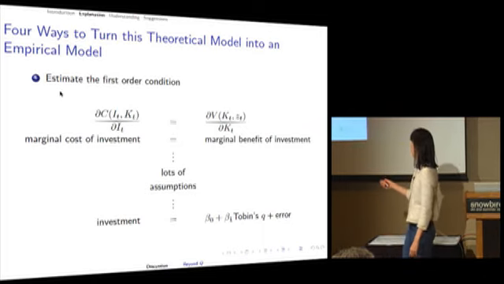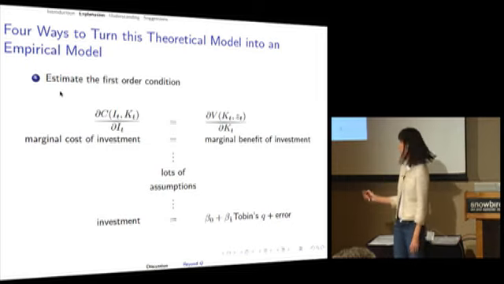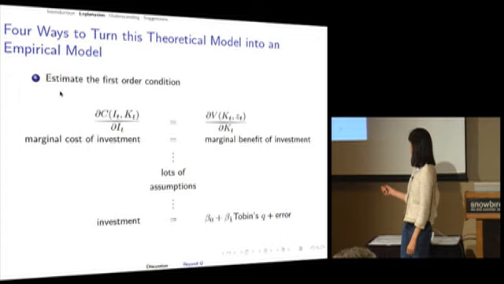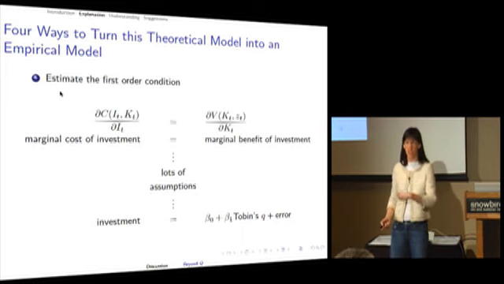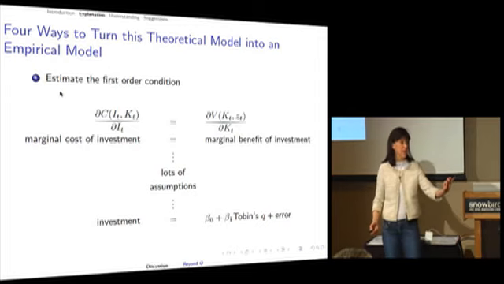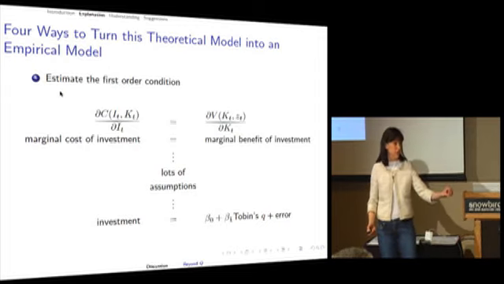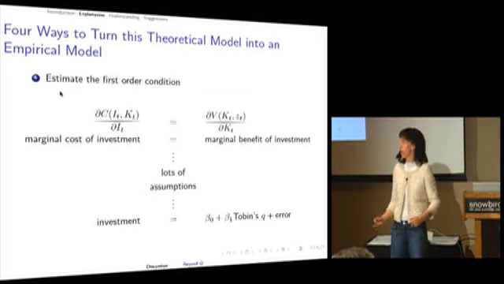If you make lots and lots of assumptions, you can get a linear regression of investment on Tobin's Q and an error. What's nice is that if you make those particular assumptions, you also have to believe that the error is orthogonal to Tobin's Q. So theory actually gives you a well-specified regression. Whether you believe those assumptions or not is a different question, but that's what's going on.